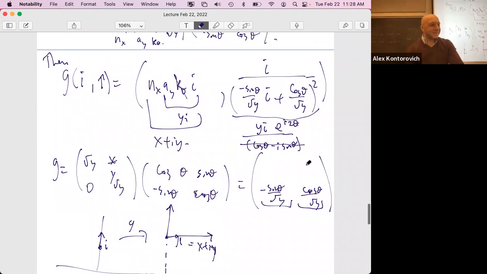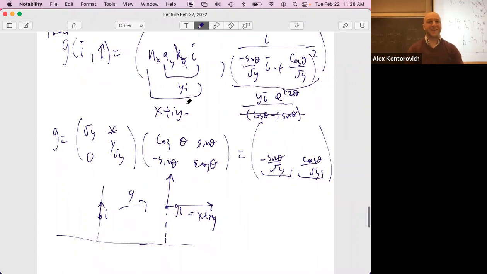Theta doesn't appear anywhere else, so it is actually independent. That was the point. This stabilizer is giving you that last degree of freedom to move the unit tangent vector. Very aesthetically pleasing. Indeed it is.